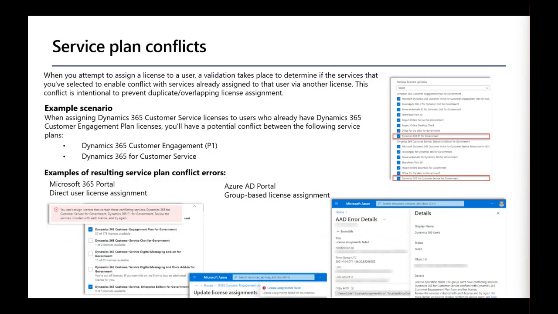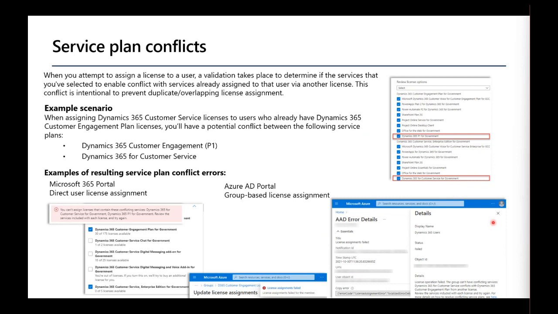When you attempt to assign a license to a user, a validation takes place to determine if the services that you selected to enable conflict with the services already assigned to that user via another license. Some products contain service plans that cannot be assigned to the same user at the same time. When this happens, a conflict will occur. For example, on the right, the user has been assigned the Dynamics 365 Customer Engagement P1 license and the Dynamics 365 for Customer Service license.